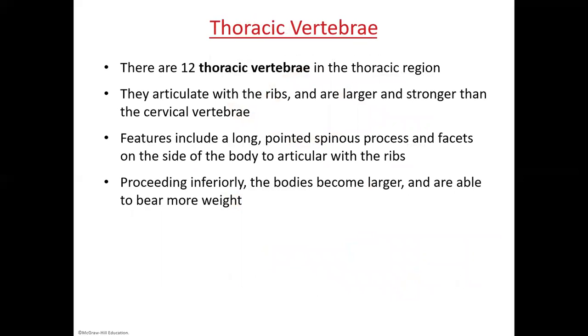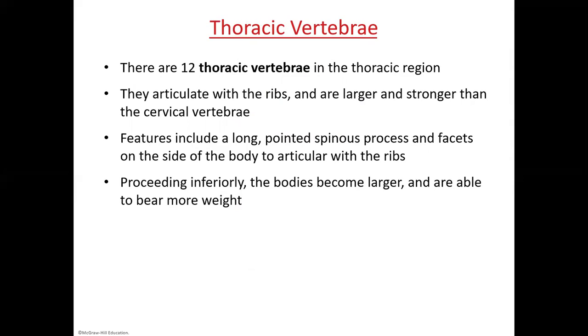Next are the thoracic vertebrae. Thoracic is the adjective. The area of the rib cage is called the thorax. Maybe you remember that from elementary school when you learned the parts of an insect: the head, the thorax, and the abdomen. These are the thoracic vertebrae. And these vertebrae articulate with the ribs, meaning they make a joint with the ribs in the back.